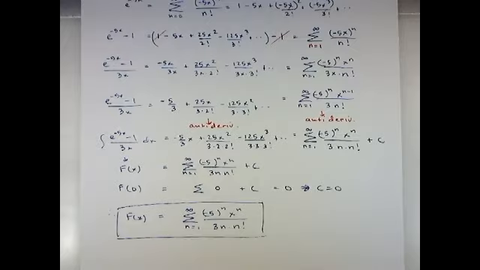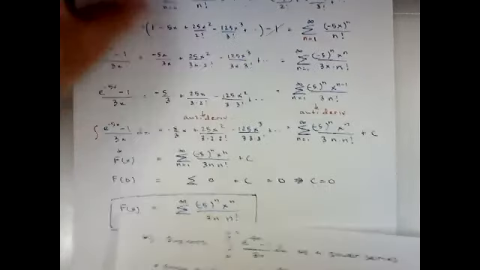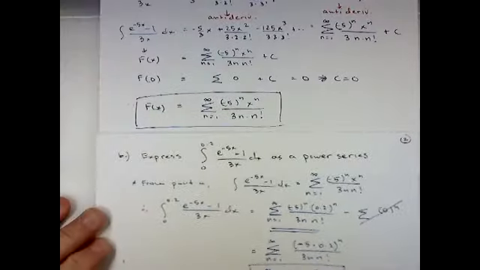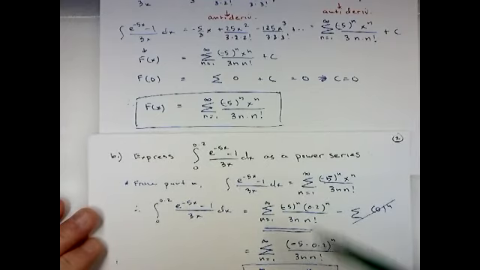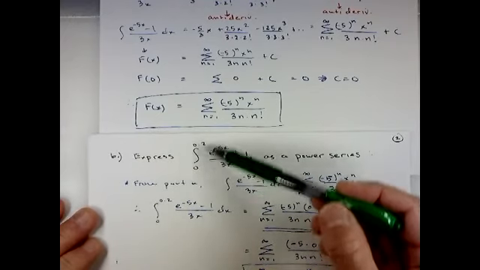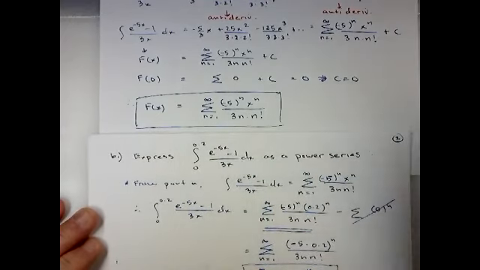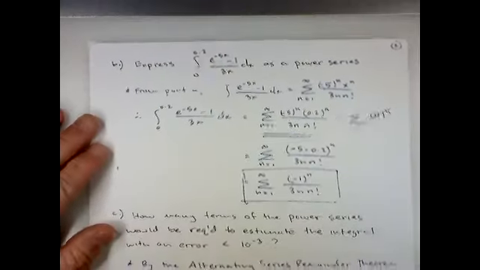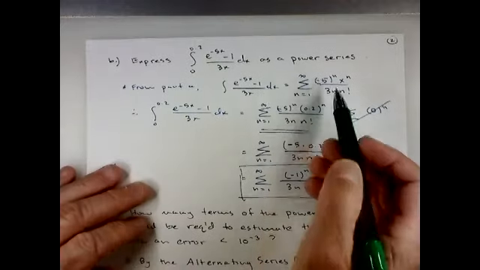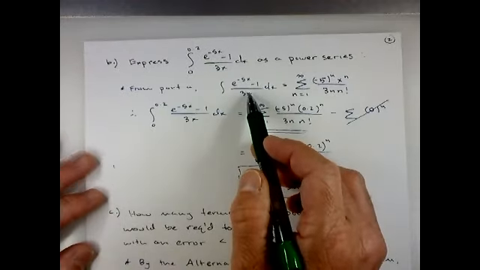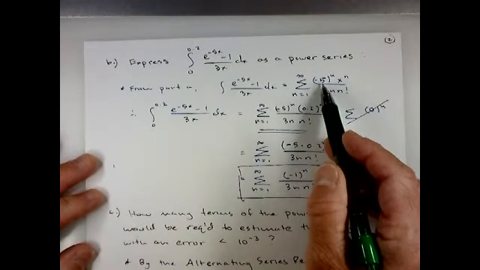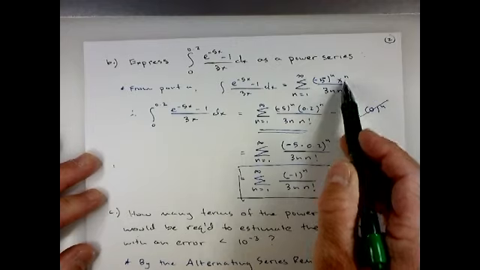Now, part B. What we want to do now is express a definite integral as a power series, from 0 to 0.2. So say we wanted to evaluate that integral. We know the general antiderivative is what we just found, right here.